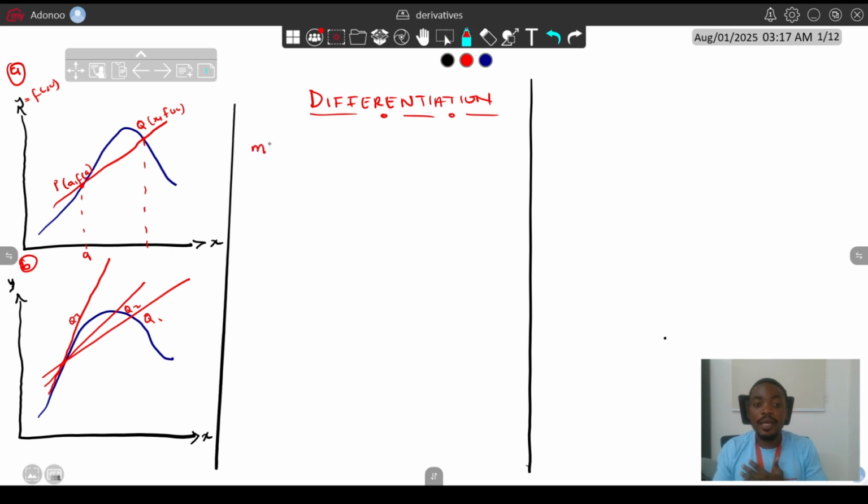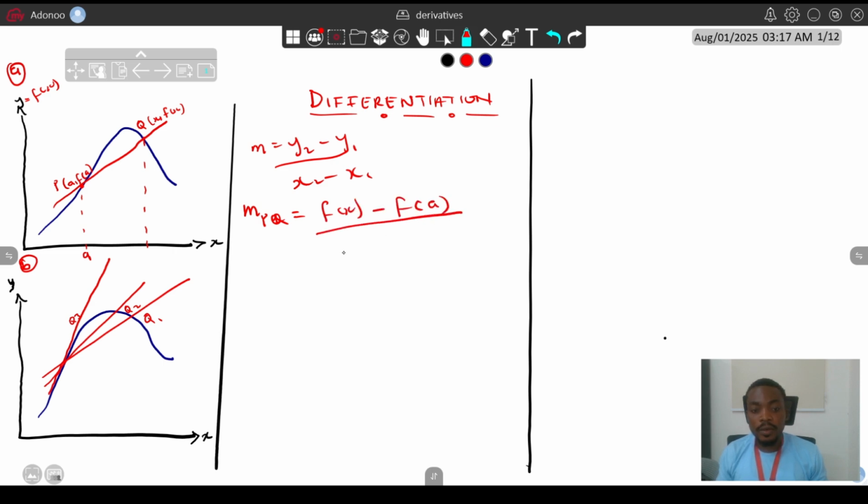So we know that m is equal to y2 minus y1 all over x2 minus x1, right? So we can say that the gradient m of PQ will be equal to f of x minus f of a all over x minus a. Right, so this is the gradient formula.